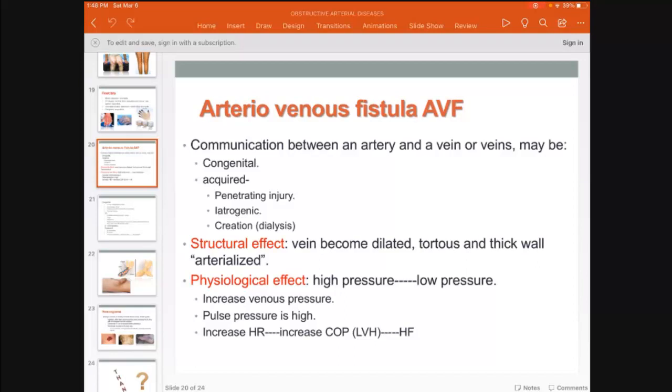The volume returning to the heart is more, which may lead to heart failure. So increased venous pressure, high pulse pressure, increased heart rate and increased cardiac output lead to left ventricular hypertrophy, and later on to heart failure.